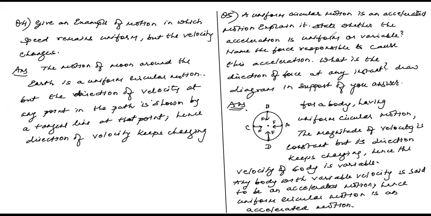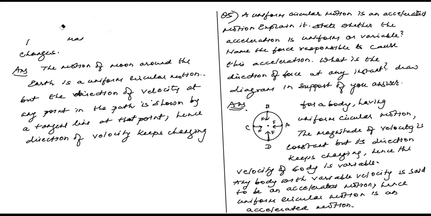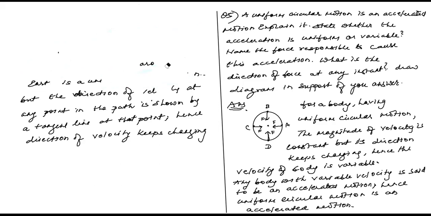Now, what is the second part of the question? State whether the acceleration is uniform or variable. As the direction of the velocity is changing, the direction of acceleration is also changing. Hence, the acceleration is a variable acceleration.